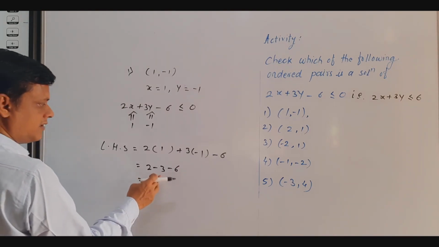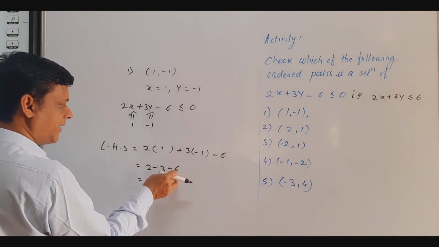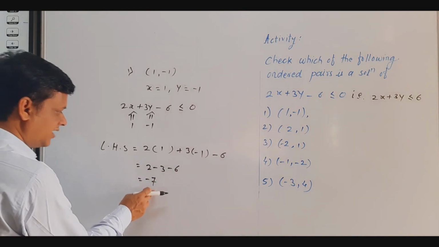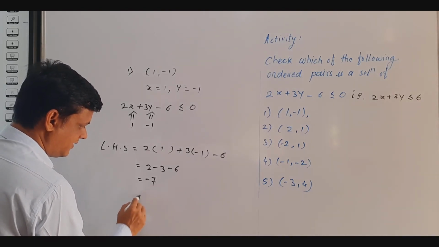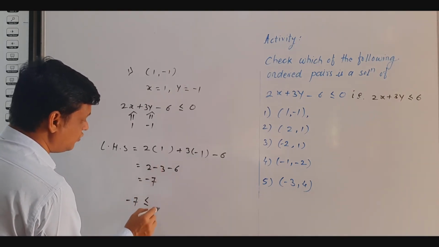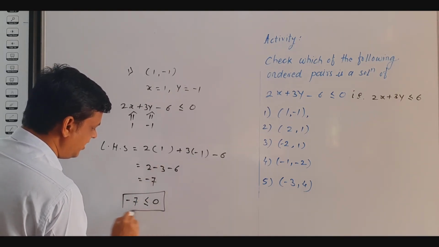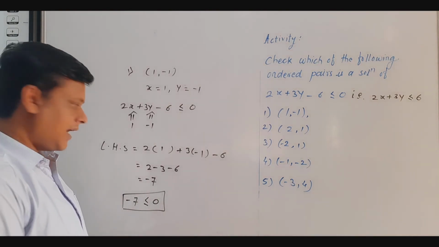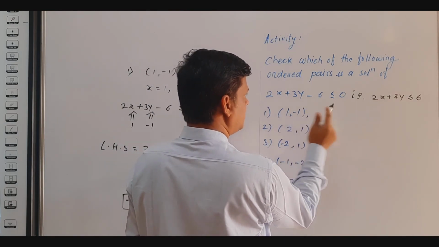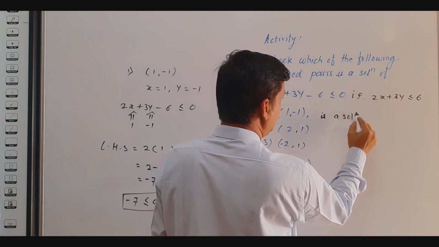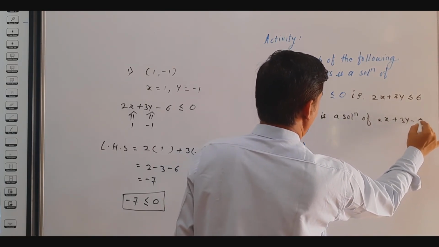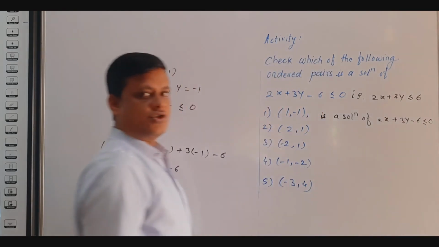So we get minus 3 minus 6 is minus 9, plus 2 which is minus 7, and we know that this minus 7 is less than or equal to 0. That means the condition is satisfied, and from this we say that this 1, minus 1 is a solution of 2x plus 3y minus 6 less than or equal to 0.